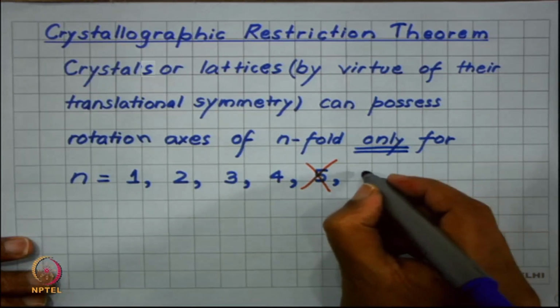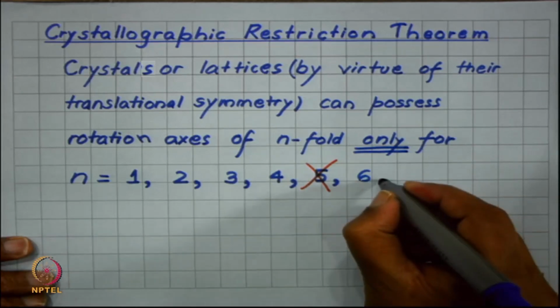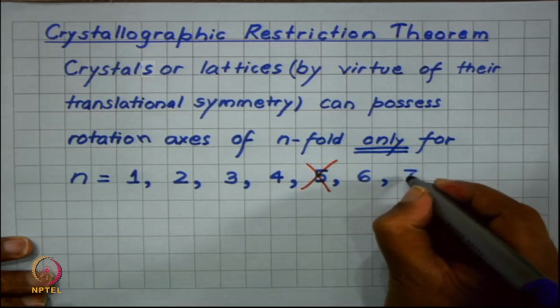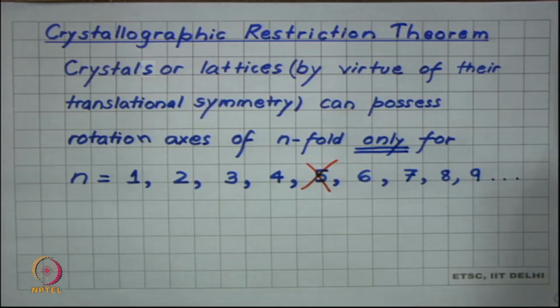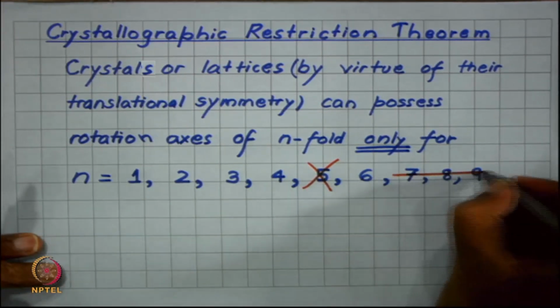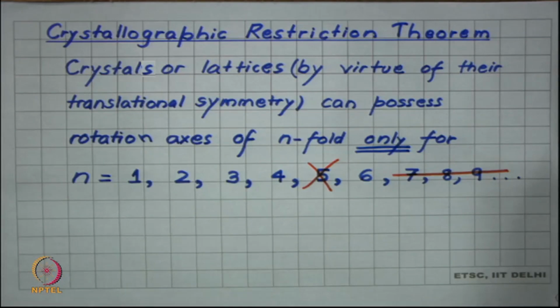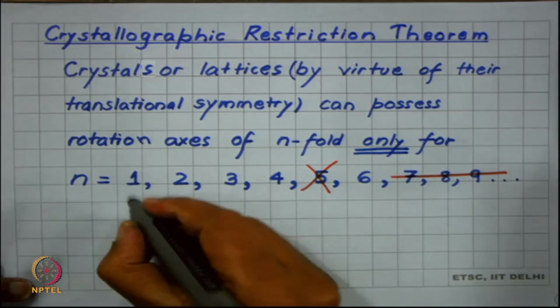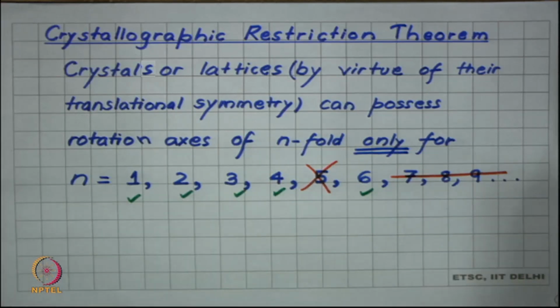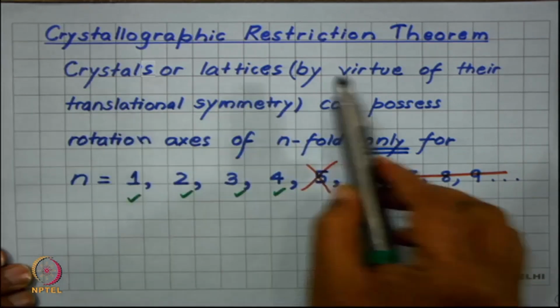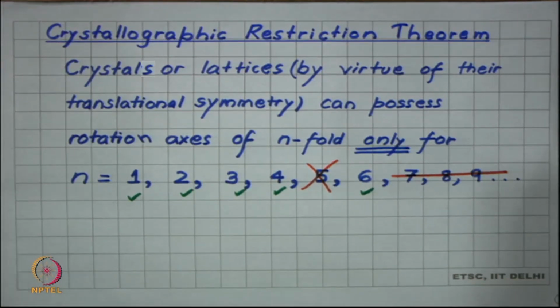We will not look at the proof, we are just listing the theorem. 6 again allowed, 7, 8, 9, any other higher symmetry not allowed. So, a crystal or a lattice can have only 1, 2, 3, 4 and 6 fold axis. This is highly restricted, and that is why the name of the theorem itself is crystallographic restriction theorem.